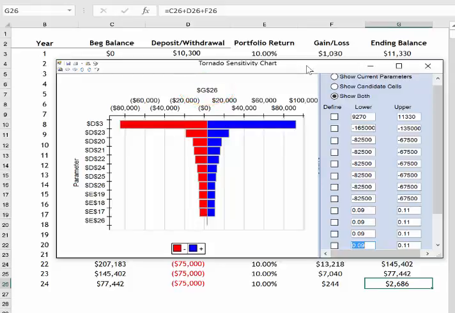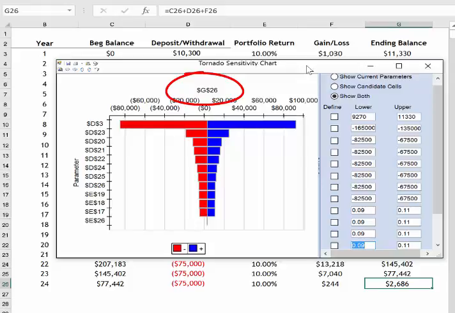It has varied each input cell independently, computing its impact on cell G26. The input cells have been ranked in descending order by absolute impact, and the highest impact cells are displayed in this tornado chart.